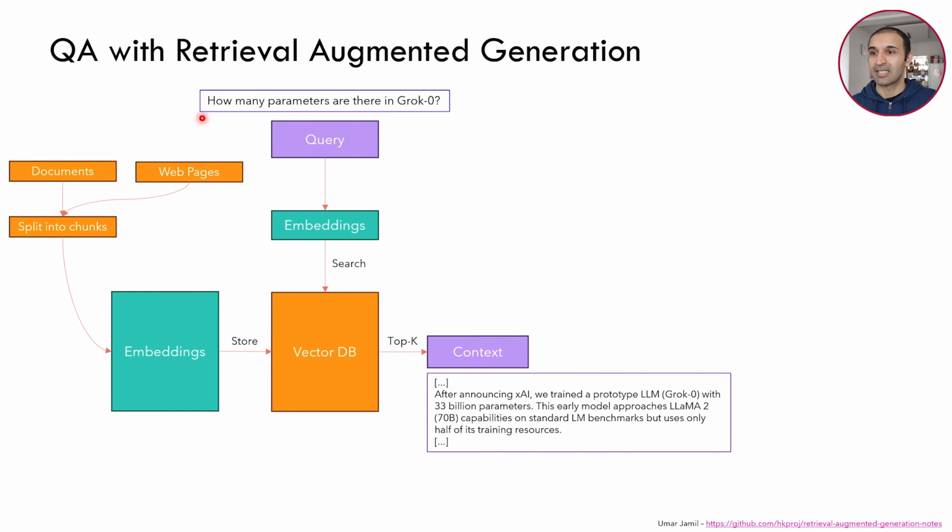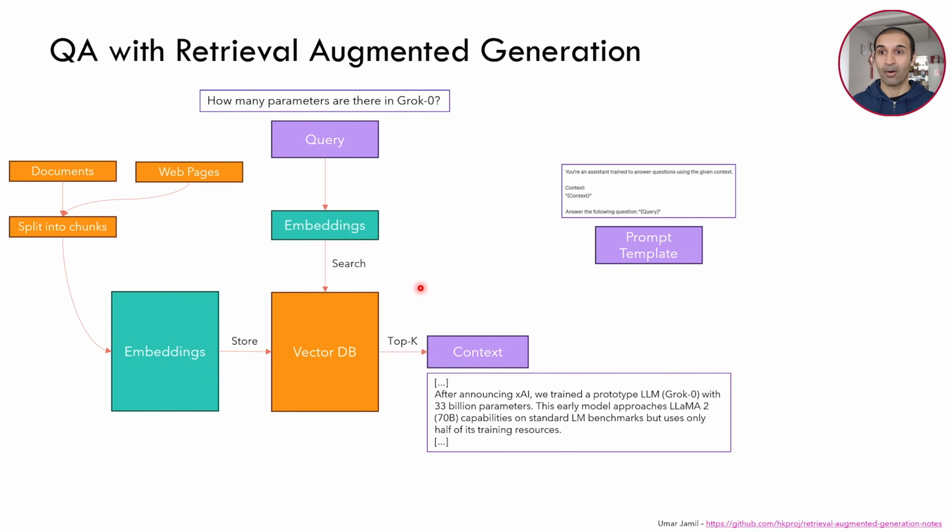So if we ask, for example, how many parameters are there in Grok 0, the vector database will search all of its embeddings and will give us the embeddings that best match our query. So probably it will look for all the pieces of text that talk about Grok 0 and the parameters it contains. Now that we have the context and the query, we create a template for a prompt, just like the prompt we have used before.